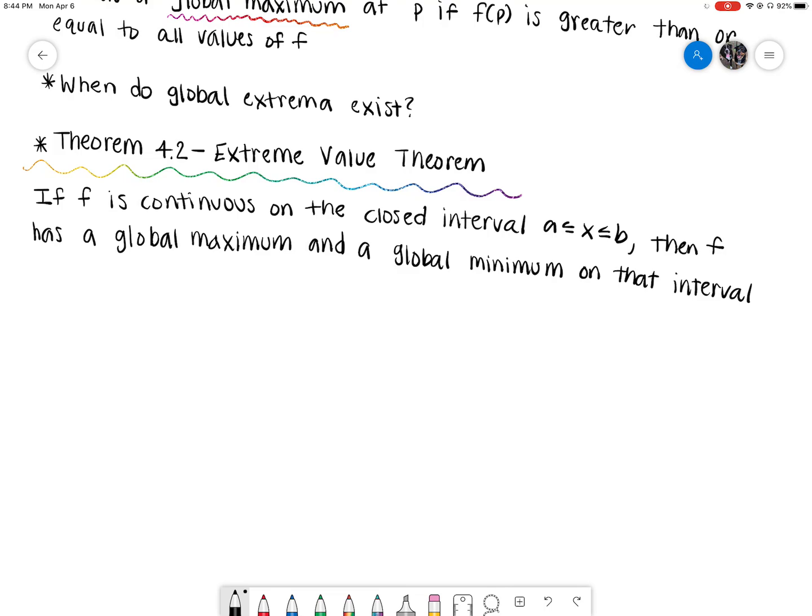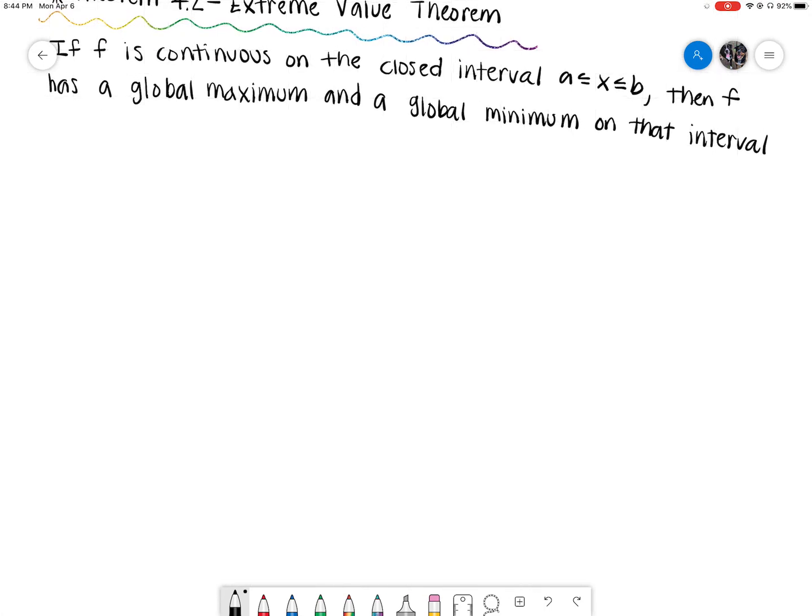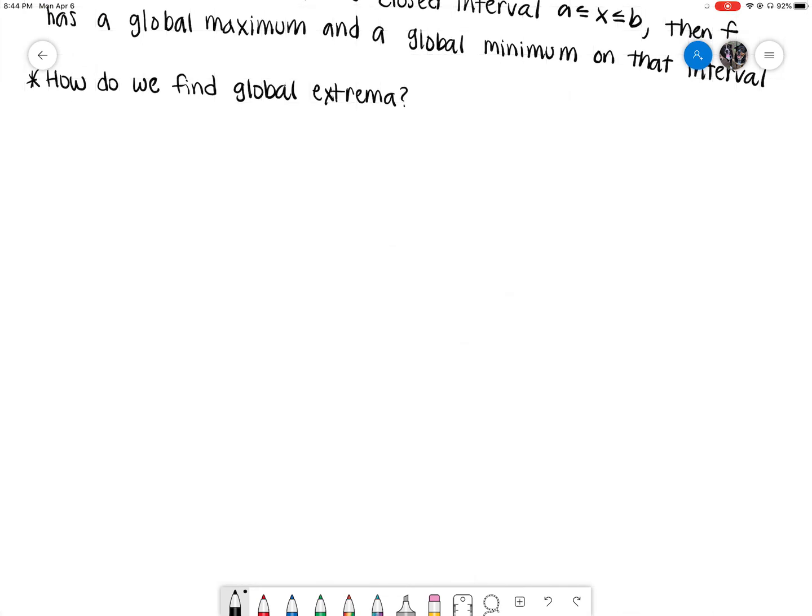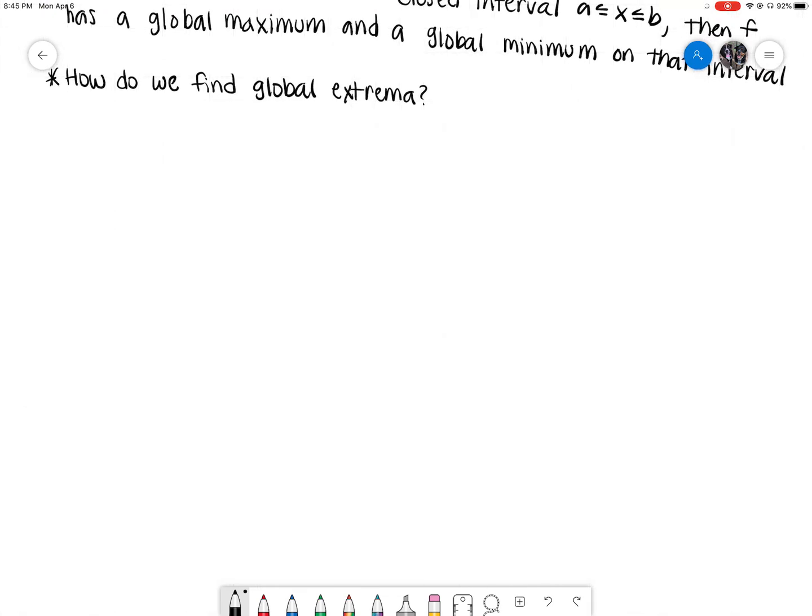How do we find them? So how do we find global extrema? Well, kind of depends on our function.